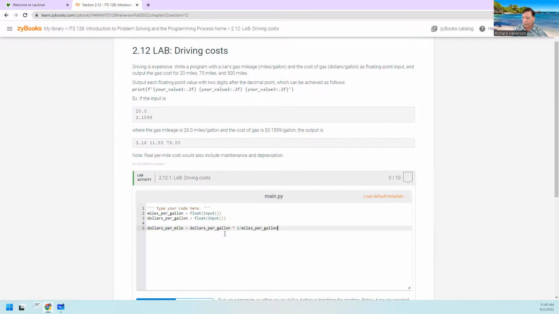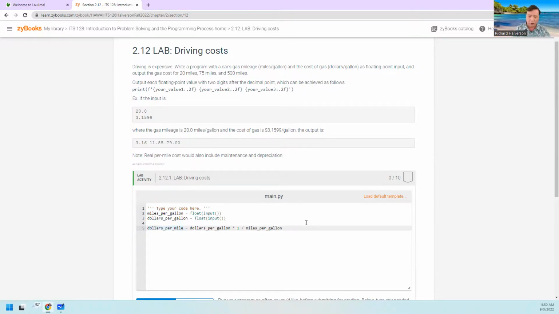It doesn't matter if we put parentheses around this or not, because of the commutative principle or whatever it is. So this times that, divided by miles per gallon, is the dollars per mile.